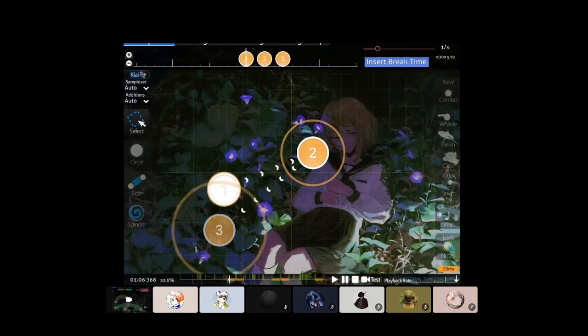I think you get the point: instead of one just being distinctly harder than the other, it just feels different, and you can use that to interpret the song in ways as well.